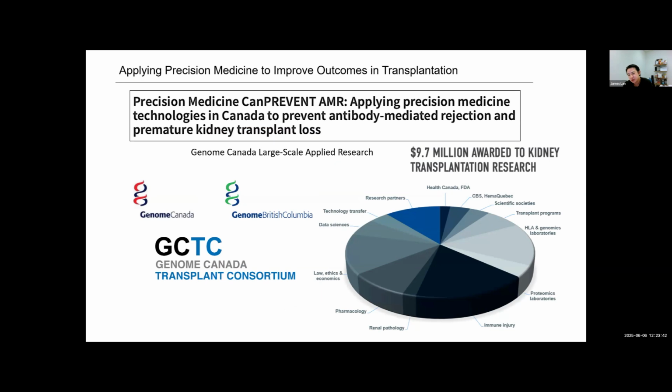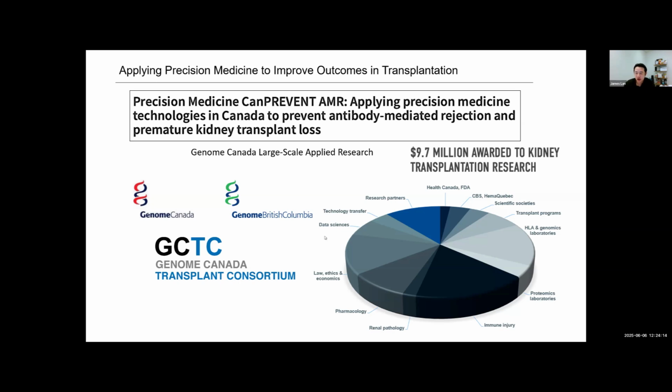And so 6 years ago, my mentor and now colleague, Dr. Keong, and I got together and we said, we really need a new way to address this problem in transplantation because our outcomes have been stagnant for the past 20 years. And so we were fortunate enough to obtain a large-scale Genome Canada grant to start a new program that we call the CAN-PREVENT program, which is to use precision medicine to prevent antibody-mediated rejection.